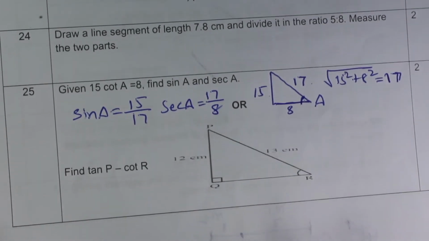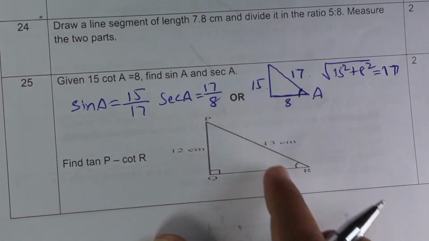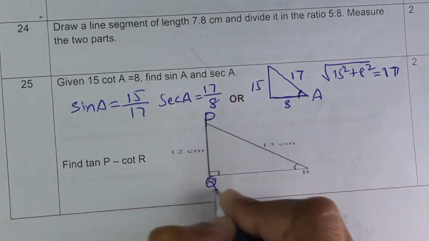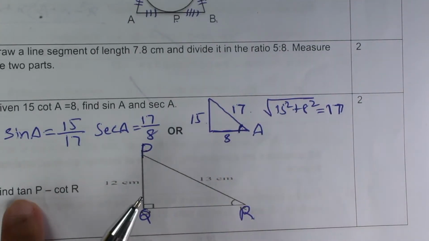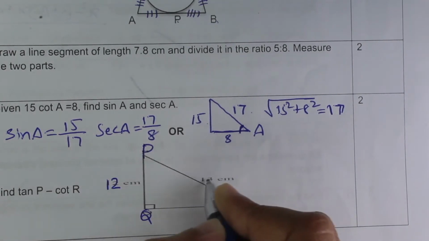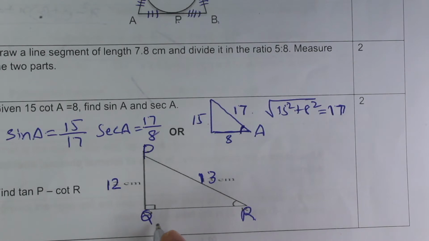Now let's move to the choice question. Find tan P minus cot R. Here he has given a triangle PQR. We have to find out tan P minus cot R. This side is given as 12 centimeters and this side is given as 13 centimeters. So square root of 13 square minus 12 square gives 5 centimeters.